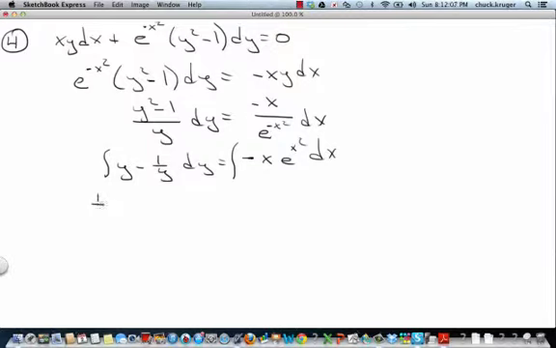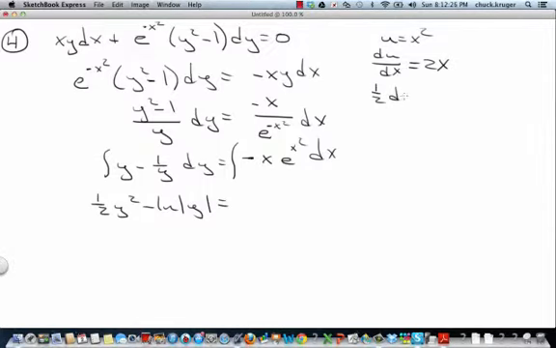And this is going to be 1/2 y squared minus the ln of y is equal to, well, if I do some substitution here and I say u equals x squared, du dx is equal to 2x, that means 1/2 du is equal to x dx, which is what I have right here.